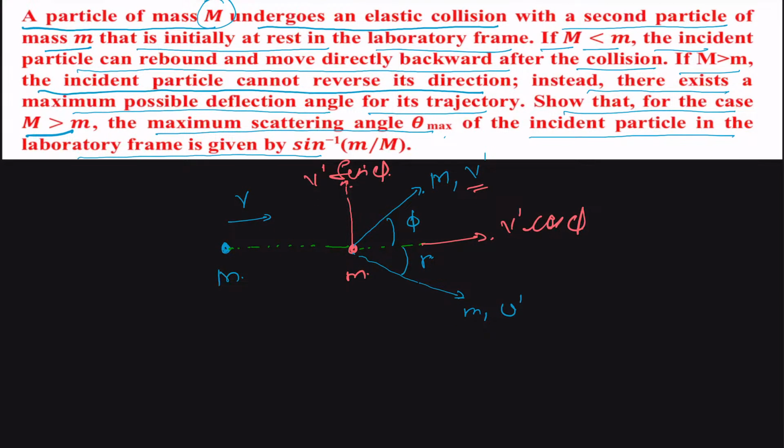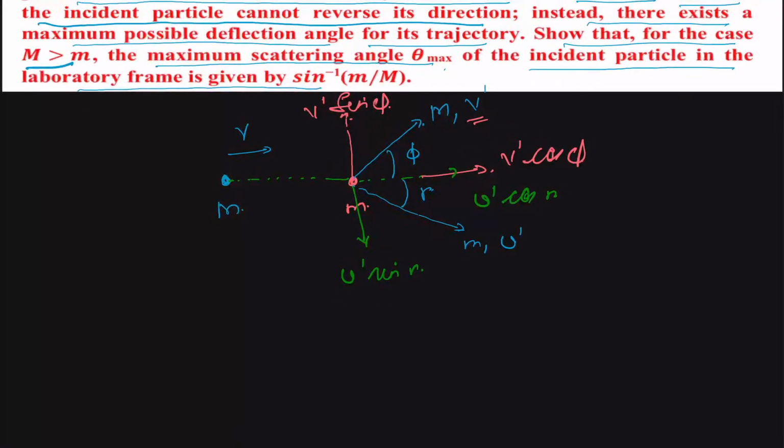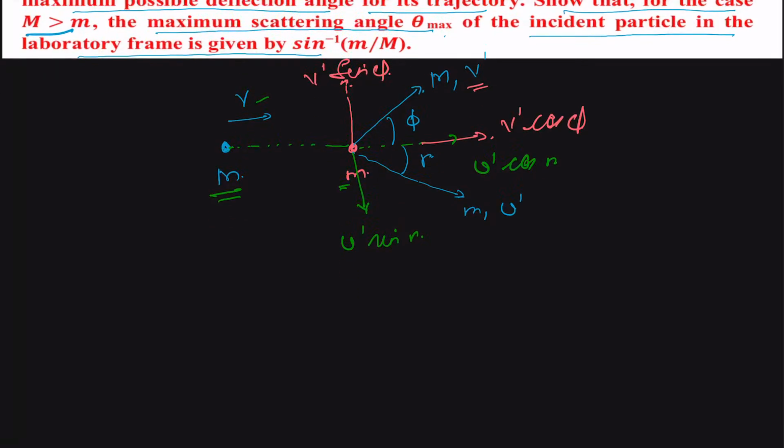Similarly, for the other one, we are going to get v prime cos gamma and v prime sine gamma. This is the basic, their velocities and their components. Okay. And initially, only the mass capital M is moving with the velocity v. The small m is at rest. Okay.